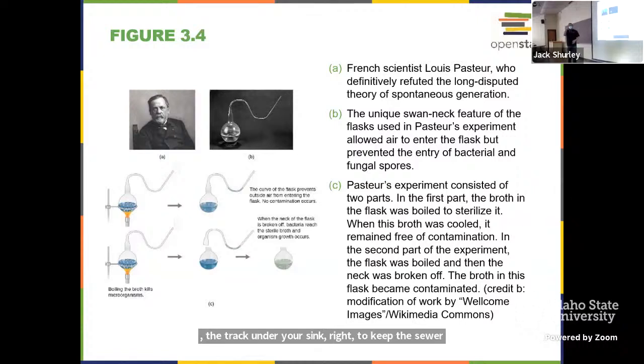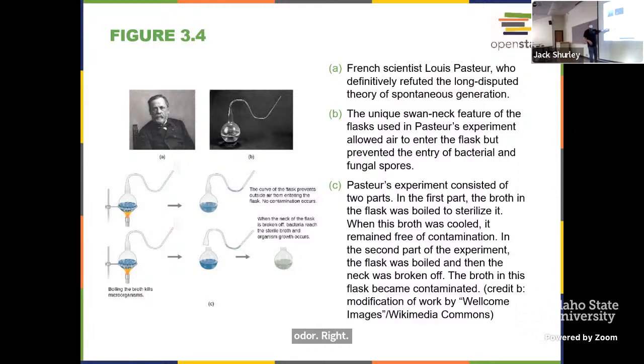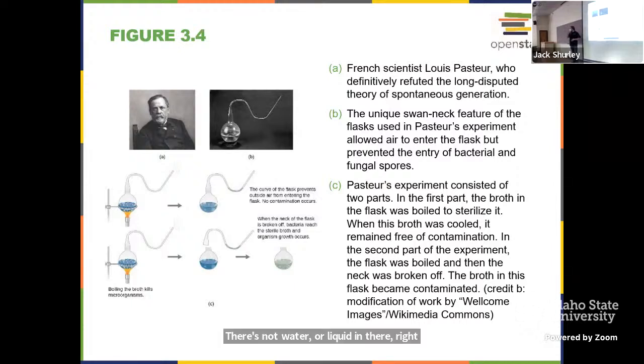This little trap's got a bit of water in there and you don't smell that foul odor, right? It's kind of the same idea. This is kind of like a little trap, right? There's not water or liquid in there, right? It allows the air to get in, but it's still kind of a trap, preventing stuff like dust or microbes that are possibly floating around in the air.